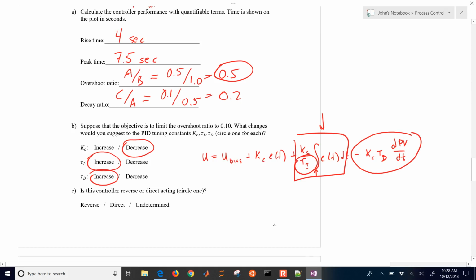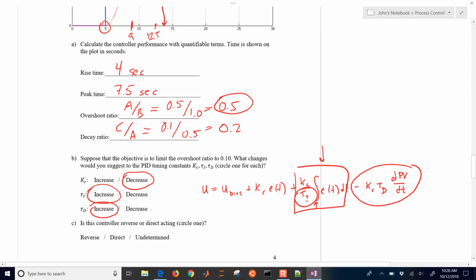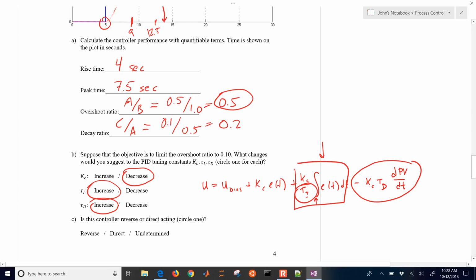Okay, the other question we have on this is whether this controller is reverse or direct acting. A reverse acting controller means that Kc is positive, and Kc and Kp would be negative for direct acting.